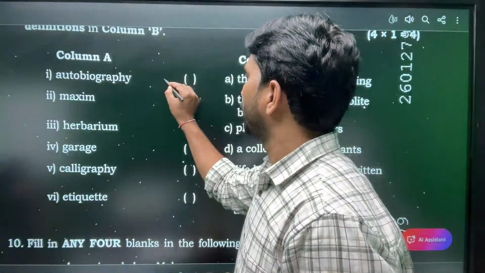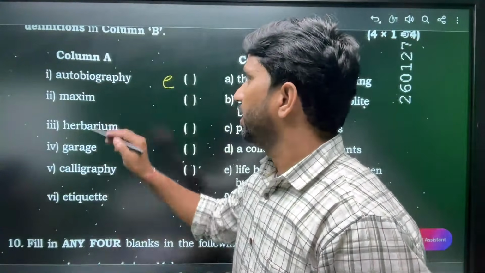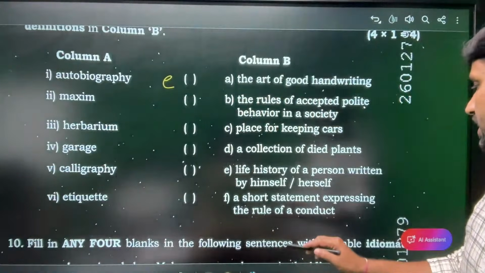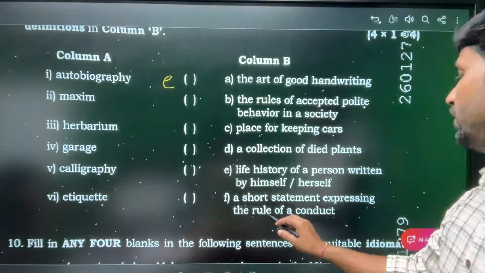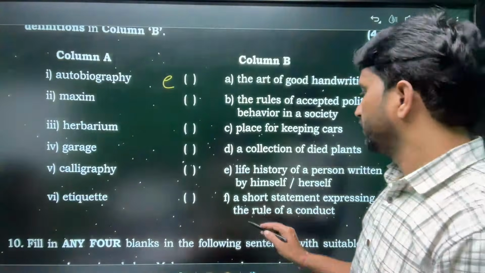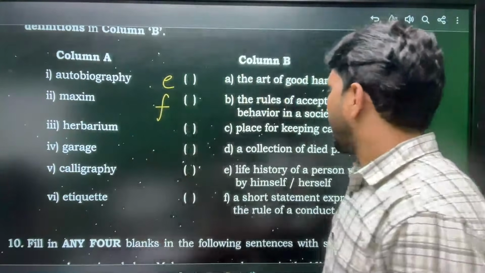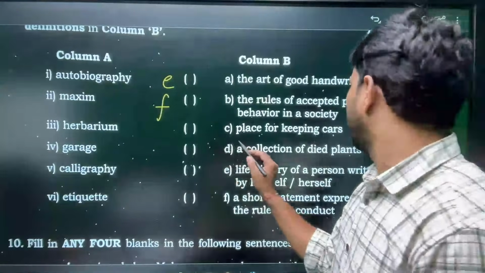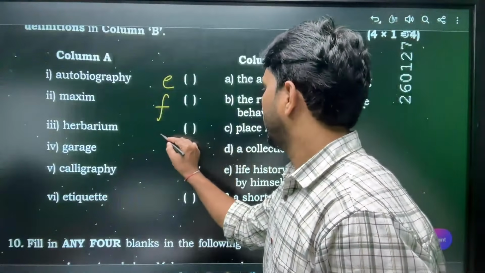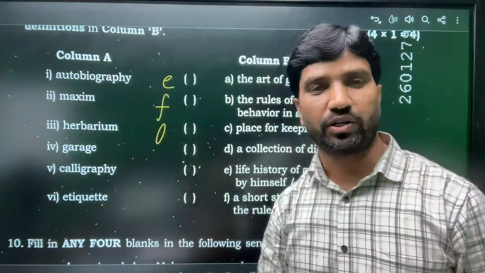E. Write only the answer. Then maxim, a short statement expressing a rule of conduct. So the second one is F. Herbarium, a collection of dried plants, so it's D. Write only answers.